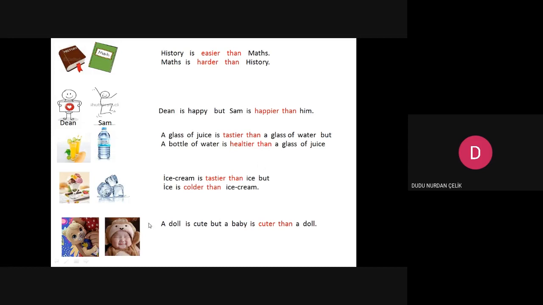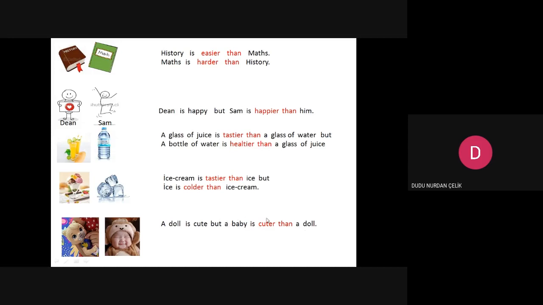Look at these baby and doll. They are really cute, aren't they? Okay, let's compare a baby with a doll. Baby, doll. This is not real. A doll is cute, but a baby is cuter than a doll.